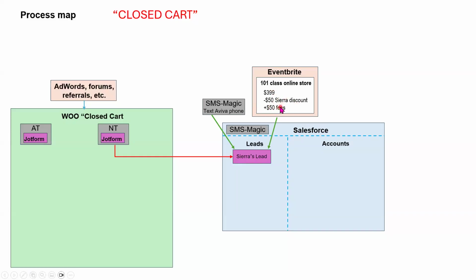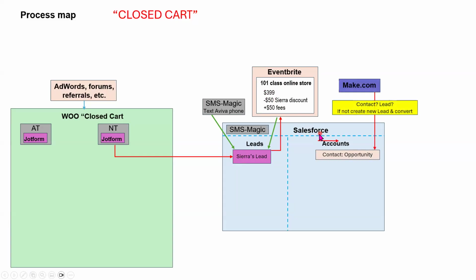Unfortunately, by buying on Eventbrite, there's $30 to $50 in fees and taxes that they have to pay. Whereas if they buy direct through Sierra, they won't have to do that. But most of the time, they are buying through Eventbrite. So when they usually contact Sierra, she gives them the discount code for $50, and then they place their order for that.